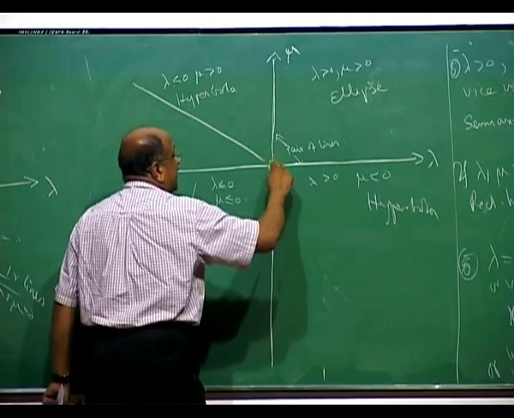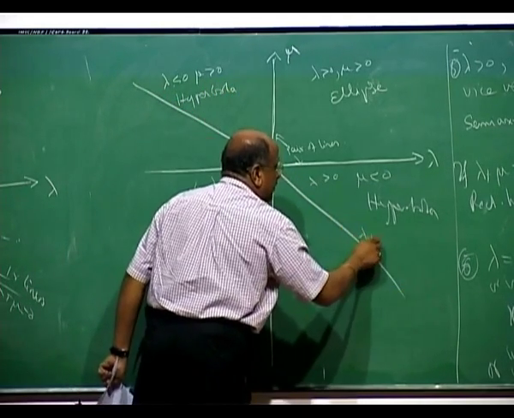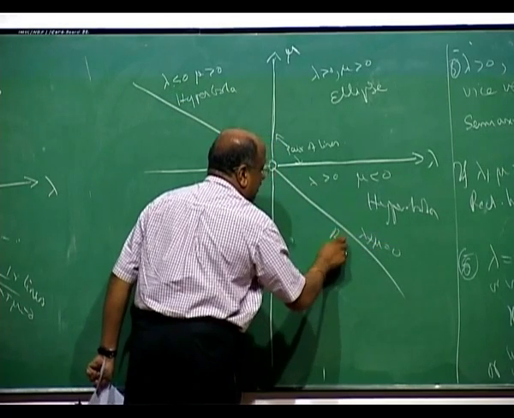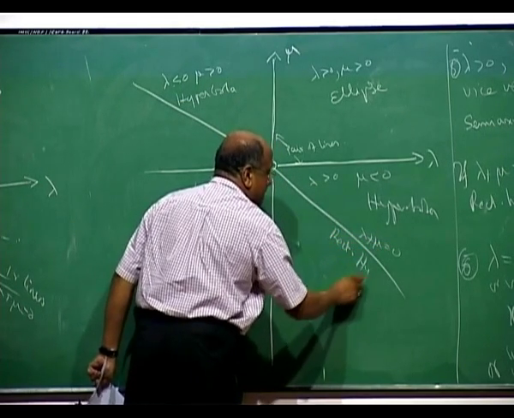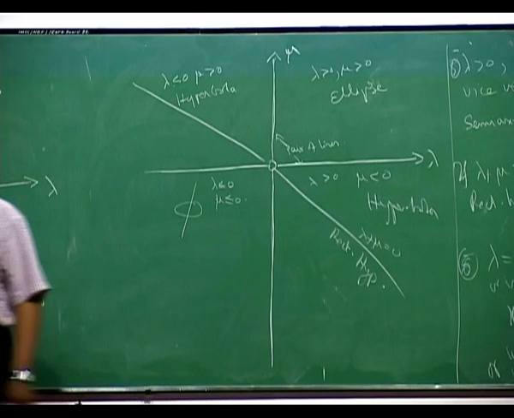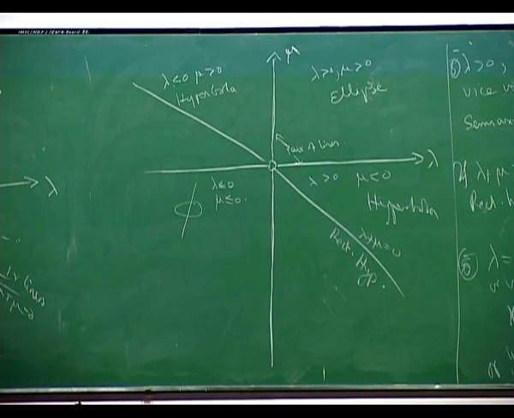And if it's on this line, lambda plus mu equal to 0, you have a rectangular hyperbola. So all the cases are covered just by looking at the eigenvalues. And the eigenvectors immediately tell you what the axes or the lines are going to be. You just have to write down the two eigenvectors and that's done.